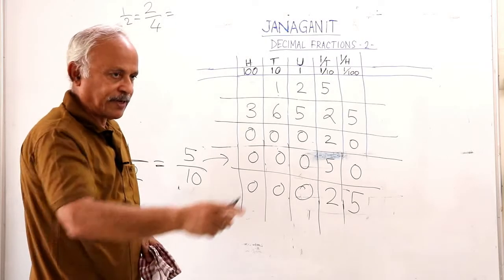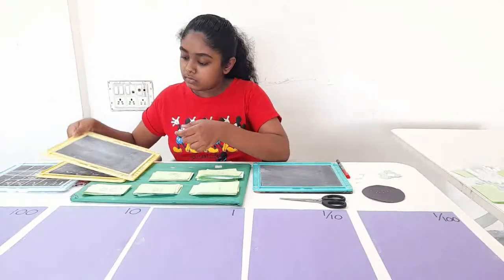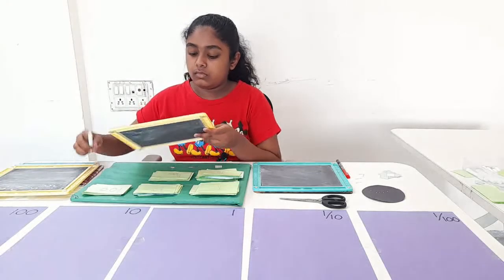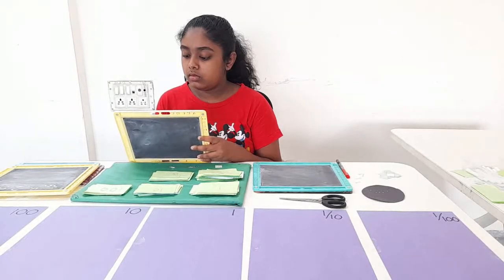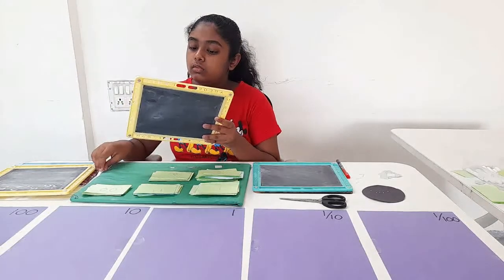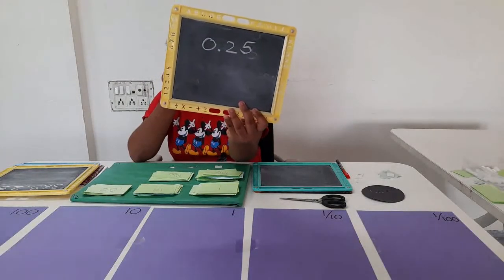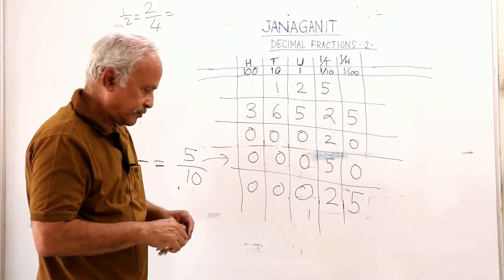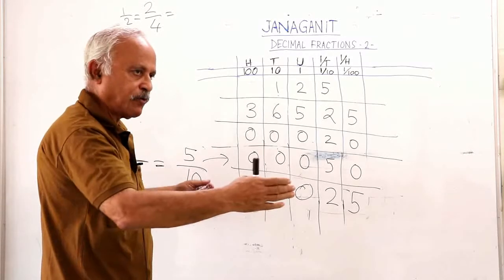And if I write this in decimal, write it on your slate in decimal. Point 25, right? And can you write it as an expanded form?